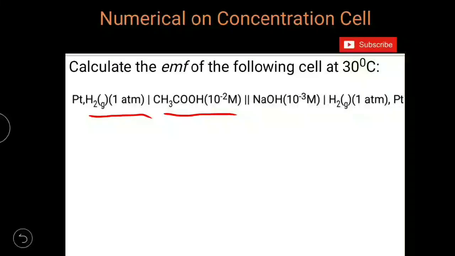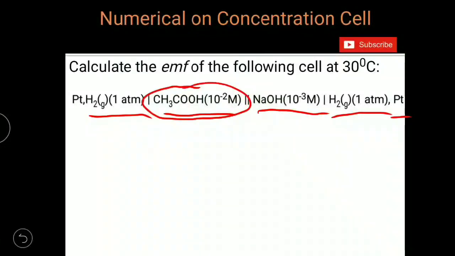And another platinum wire surrounded by hydrogen gas at 1 atmosphere pressure is placed in a solution of NaOH whose concentration is 10 power minus 3 molar. So the electrolyte present in anode is acetic acid and electrolyte present in cathode is NaOH. Acetic acid concentration given is 10 power minus 2 molar, and sodium hydroxide concentration given is 10 power minus 3 molar.